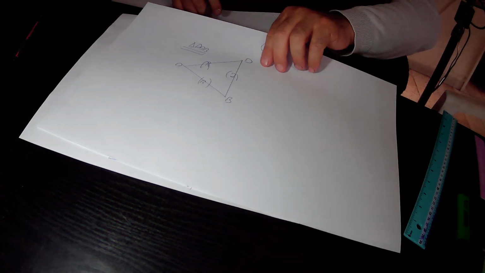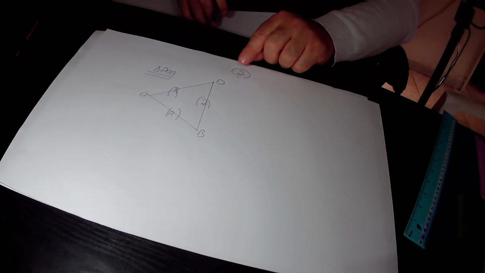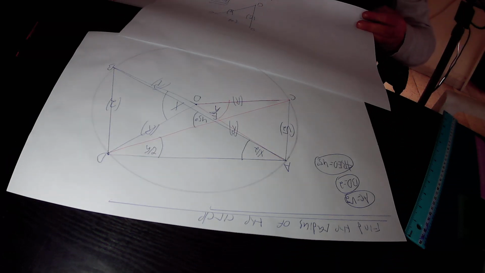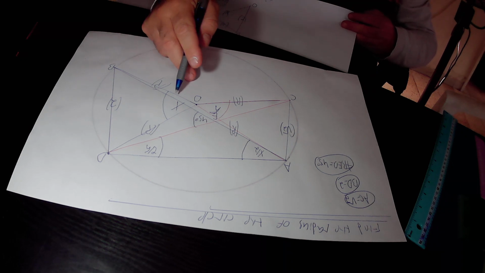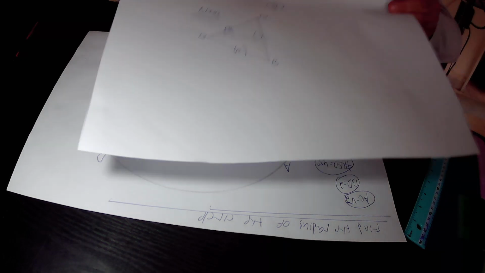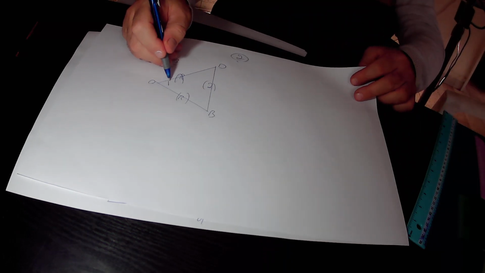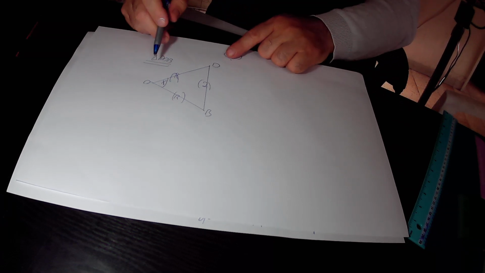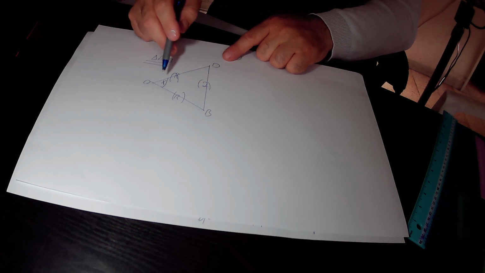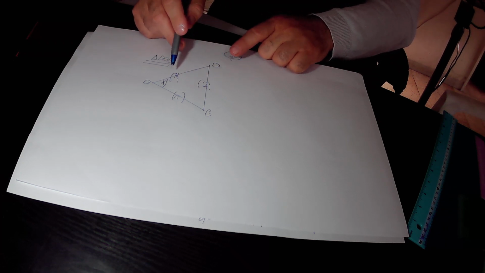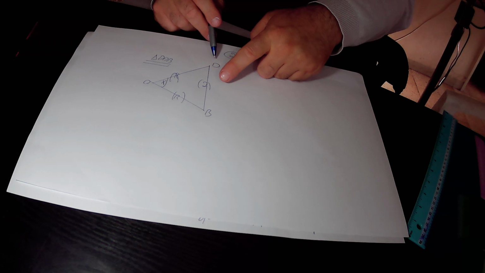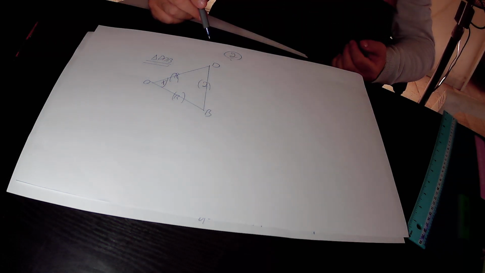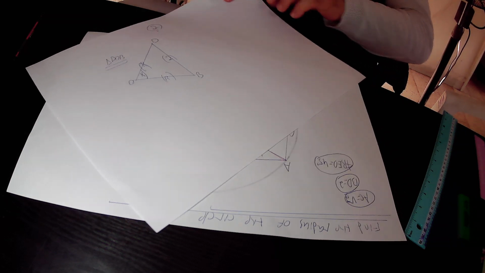So actually, this is triangle DOB from the original drawing, and this is angle X. Again, OD equals OB equals R, that is the radius of the circle, and side DB equals 2 units in length.